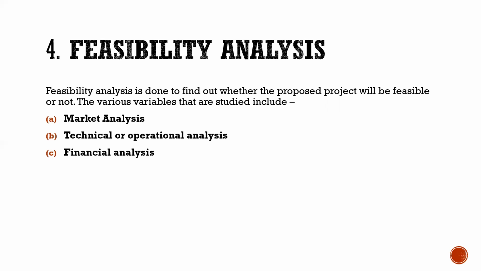Later, technical or operational analysis. When it comes to the technical aspects and the production aspects, you have to check what type of machinery you can adopt, what type of technical things you can adopt for your business, and how you can afford them.